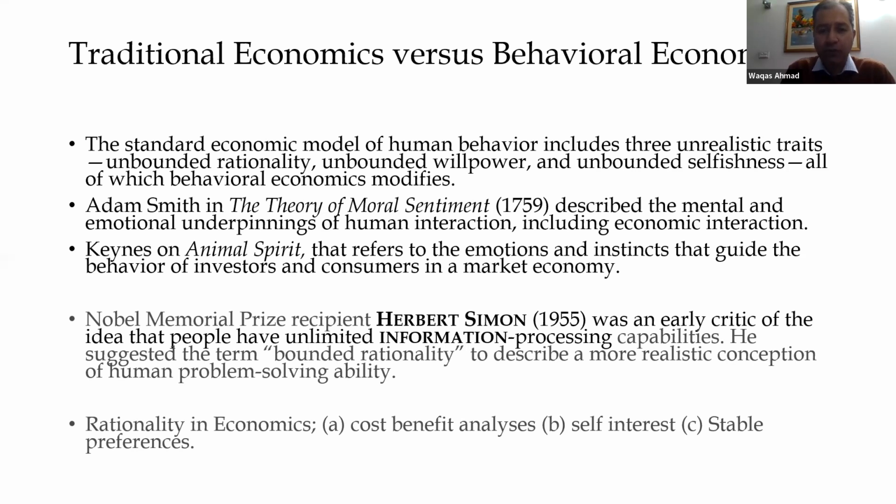We assume that people are rational, their preferences are stable across time, and then we can model their behavior. But if you look at The Theory of Moral Sentiments, there are lots of things there which indicate that Smith believed human psychological factors underpin their economic interactions.